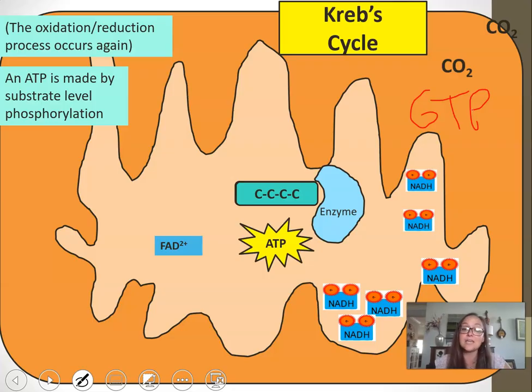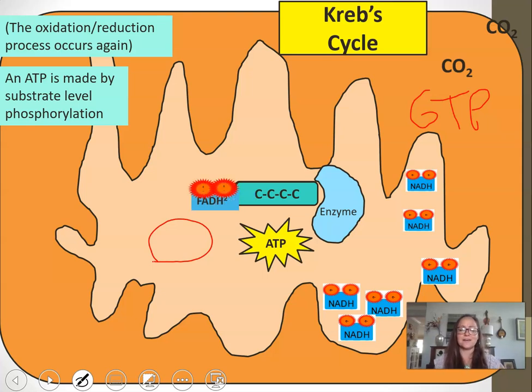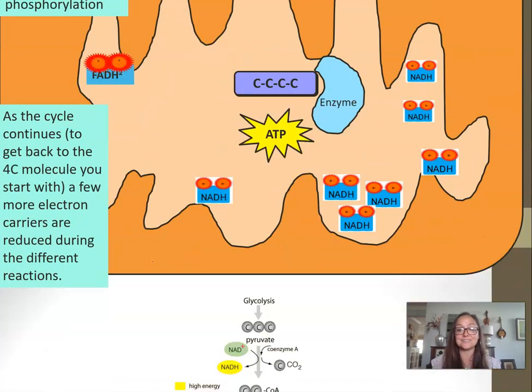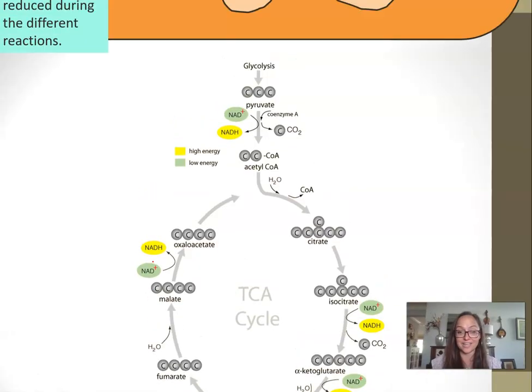But basically, there's another type of electron carrier called FADH2 that will be reduced to form FADH2. And then one more electron carrier is going to be reduced, forming NADH. And now look, we're back at that 4-carbon oxaloacetate, so we can start the process all over again.